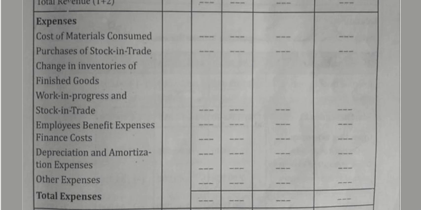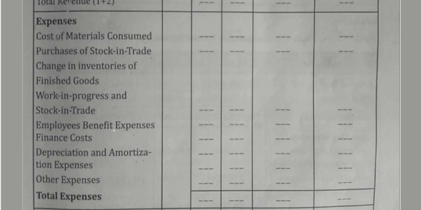So here, as per the format, we have the cost of material consumed, the raw materials cost. Then you have the purchases of stock in trade, if any purchases are made during the year. Changes in inventories of finished goods, work in progress, and stock in trade is nothing but opening stock minus closing stock.